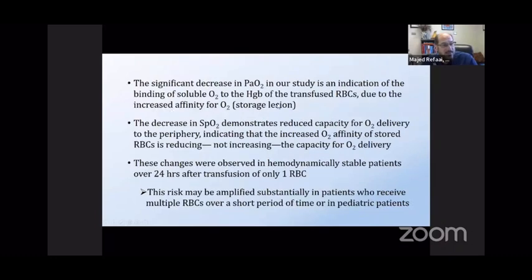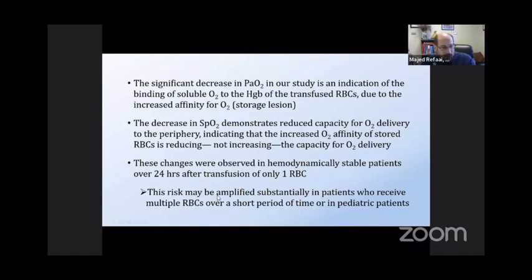The significant decrease in PaO2 in our study is an indication of binding of soluble O2 to the hemoglobin in the transfused red blood cells due to the increase in affinity for oxygen. And the decreased SpO2 demonstrates the reduced capacity for O2 delivery to the peripheral tissues. These changes were observed in hemodynamically stable patients over 24 hours after transfusion of one red blood cell unit.